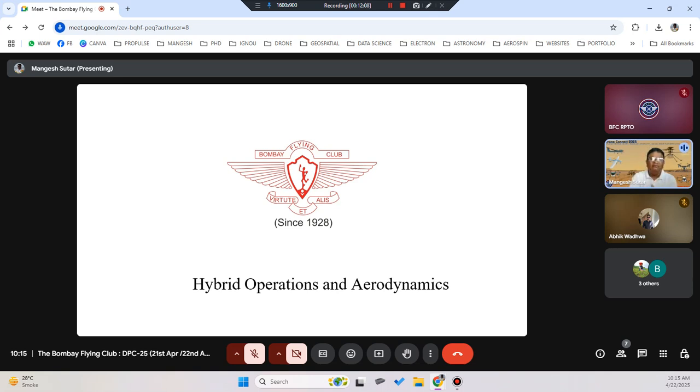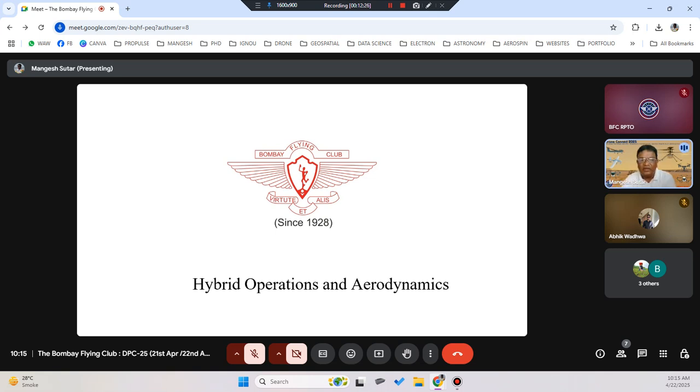So same thing when we are actually flying the drone, the co-pilot job is the same thing. He is actually making sure his pilot is flying the drone properly as per the requirement. Clear? So let's move ahead with the hybrid operations and aerodynamics.